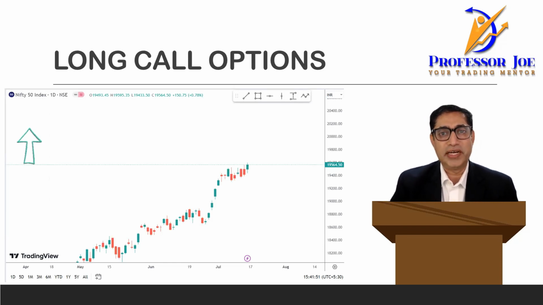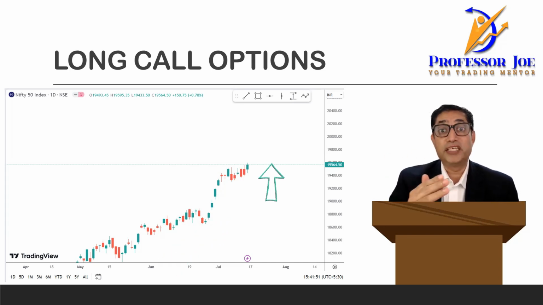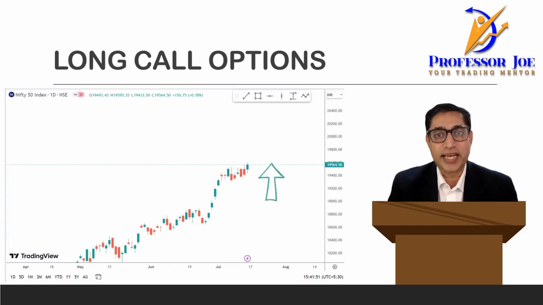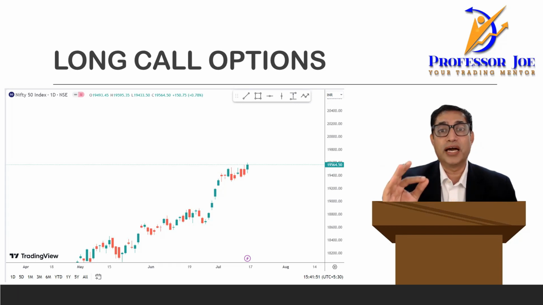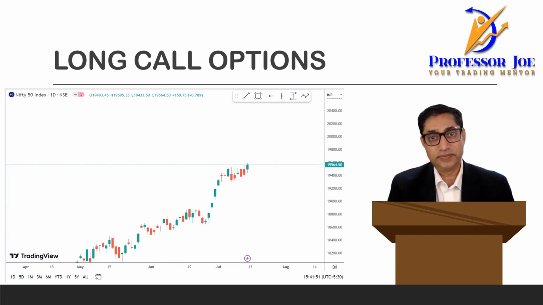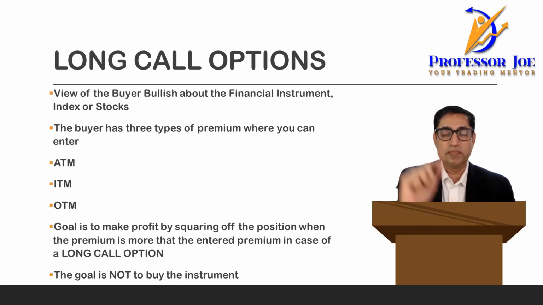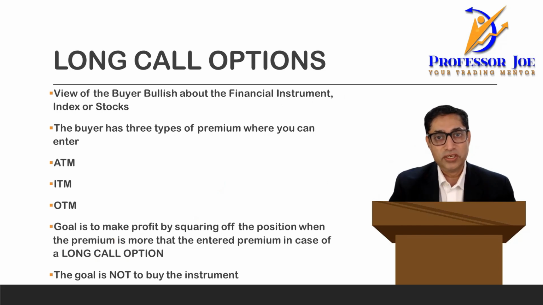In this case, we will take Nifty as the underlying asset. You can see that the Nifty price is going up. So your prediction for the market is that the price might continue in an upward direction. Understand that only when the price is going up, you will choose long call option. Now, looking at the chart, you are clear that the price is going up. Your view is bullish. So now, as I said, you have three options.